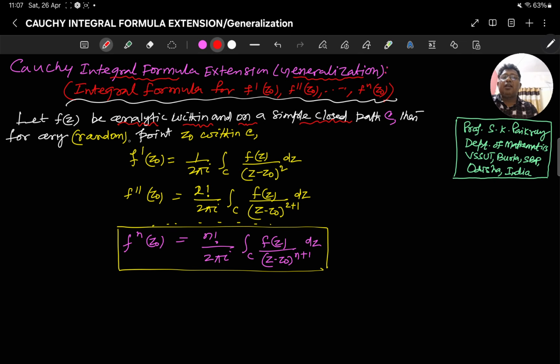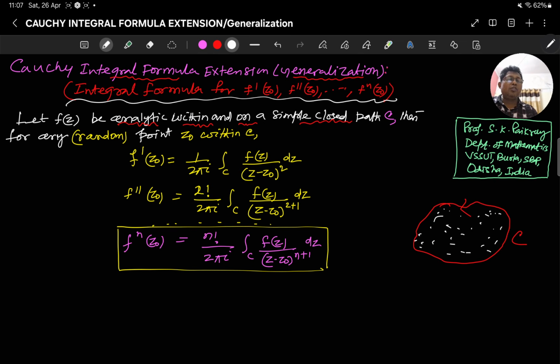Suppose you are given a simply connected domain C, and the function f(z) is analytic throughout, everywhere inside as well as on the boundary.